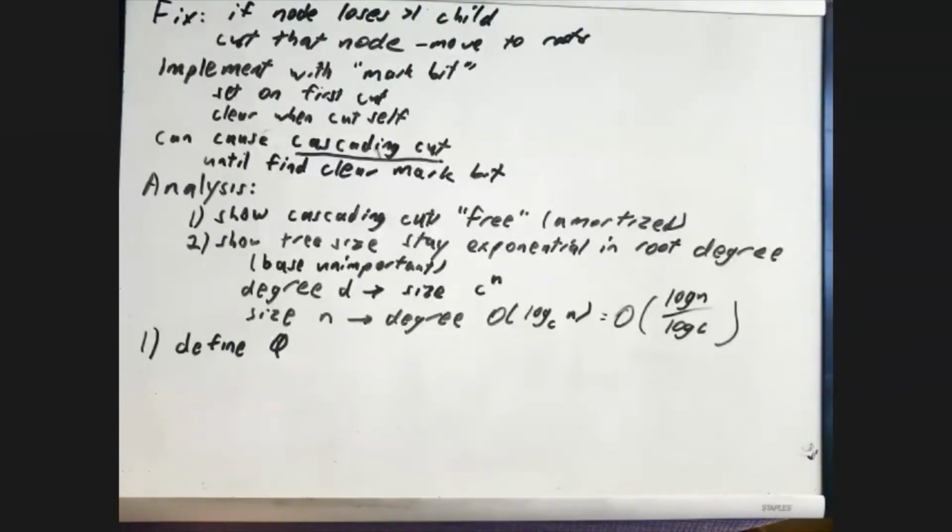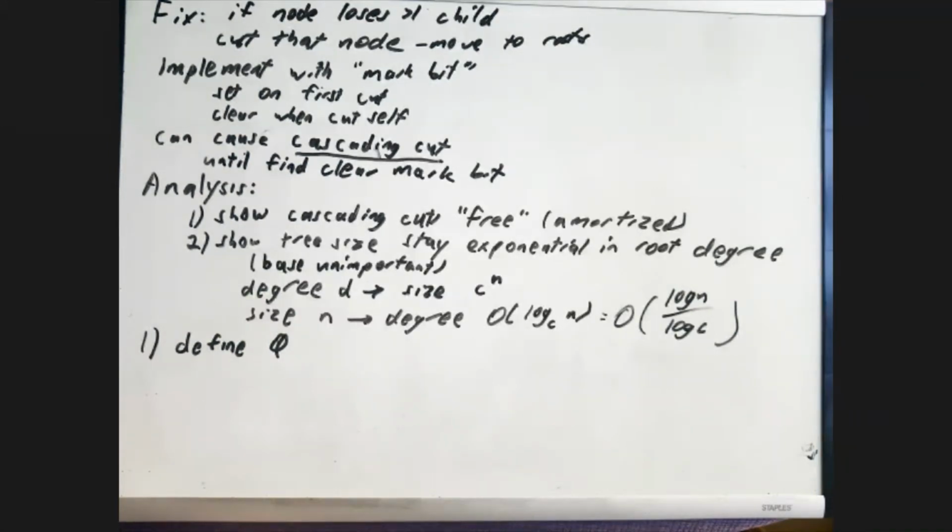It's something that increases when you acquire work to be done, and it decreases when you actually do work and simplify the data structure. So if what we're worried about is these cascading cuts, what might measure the amount of pending cascading cut work that we might have to do in a particular tree?